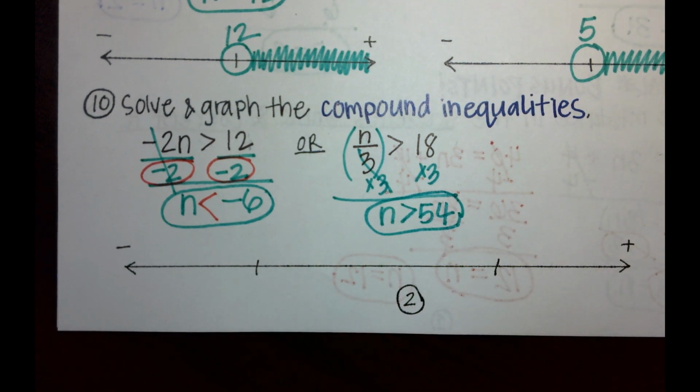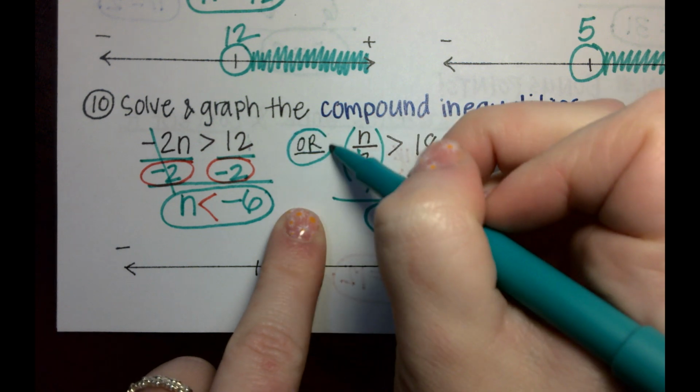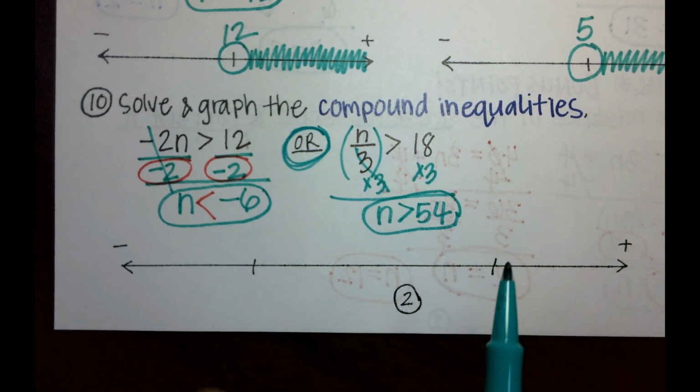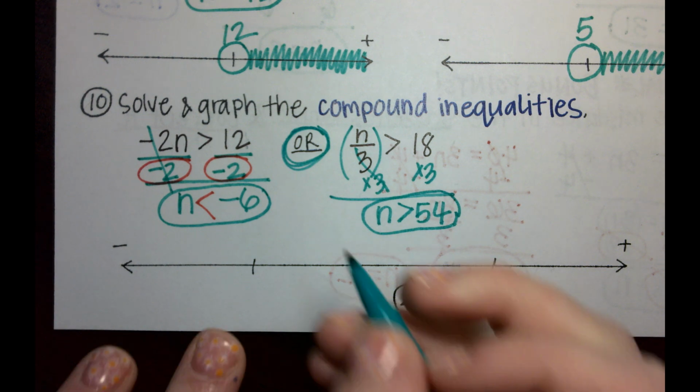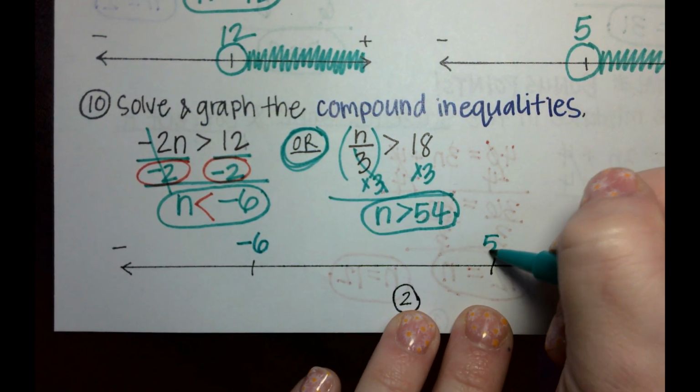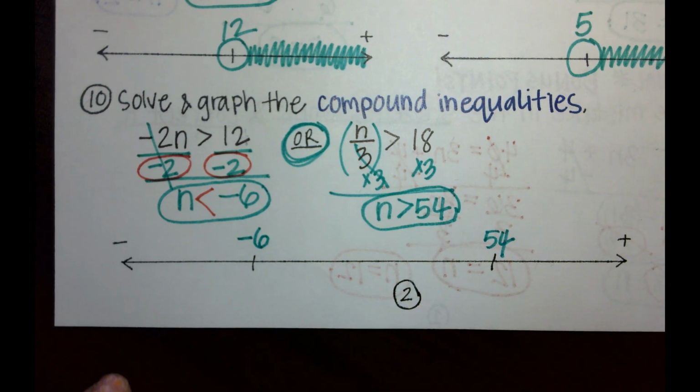Okay. And this is an OR inequality. So if we did this correctly, our graph should be shaded on the outside, pointing away from each other. So let's double check, make sure it's right. Which number would come first? Good, negative 6. That one is smaller, so 54 goes over here. Are the circles open or closed?